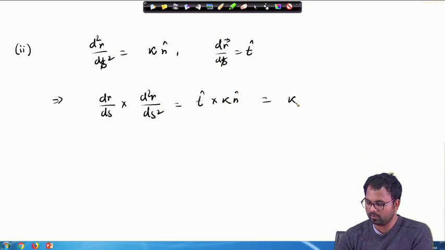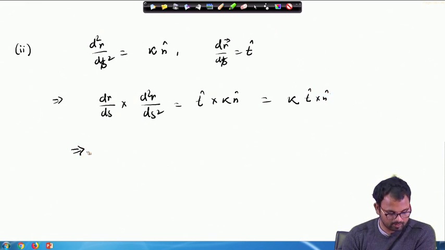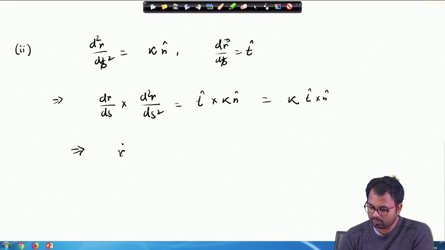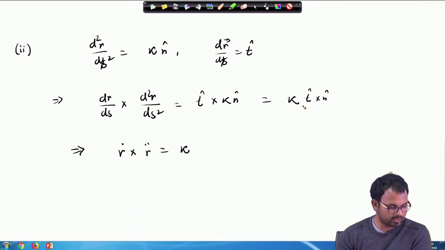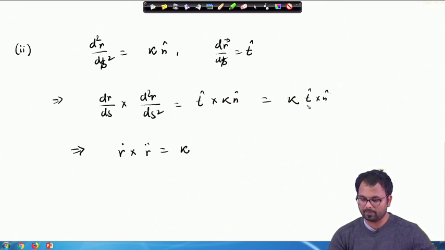So basically we have kappa times t cap cross n cap, and this can be written as r dot, which is of course dr/ds, cross product with r double dot, which is basically d square r by ds square, equals kappa times, now t cross n is basically our b cap.